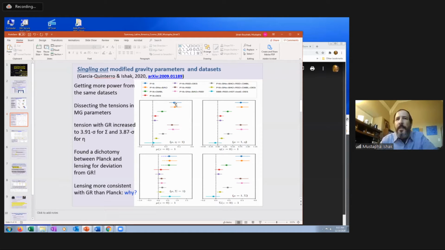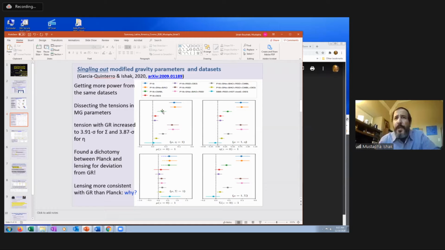Consistently in this plot and this plot and this plot, Planck 18 plus other data like RSD, BAO, and so forth is in over 3 sigma, in fact 3.9 sigma tension with GR, which is the vertical line here.